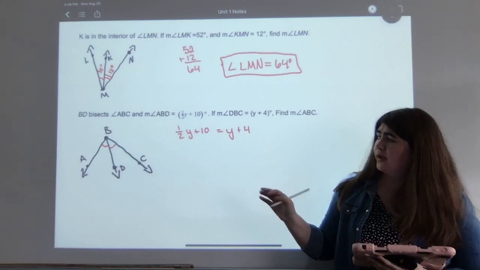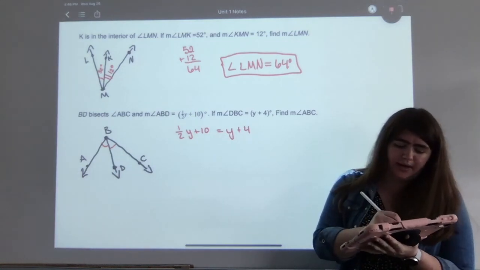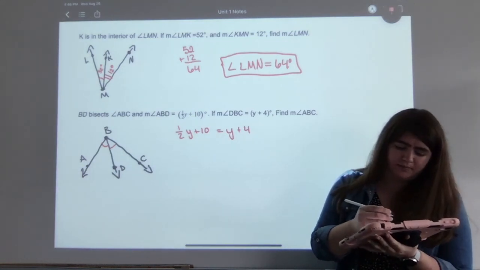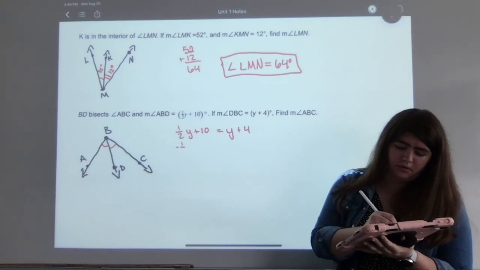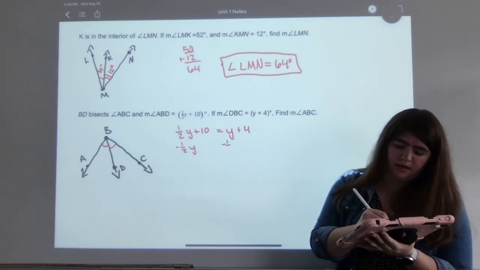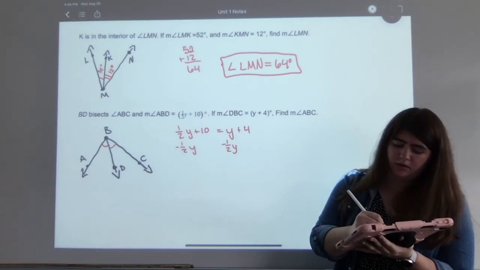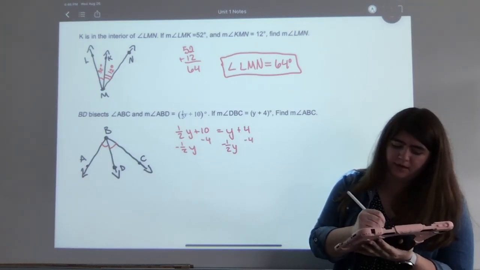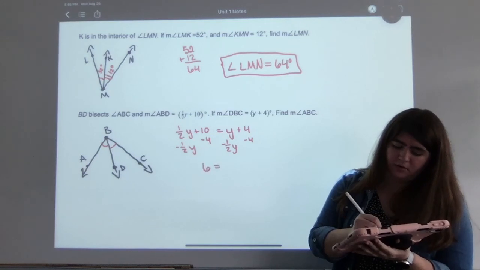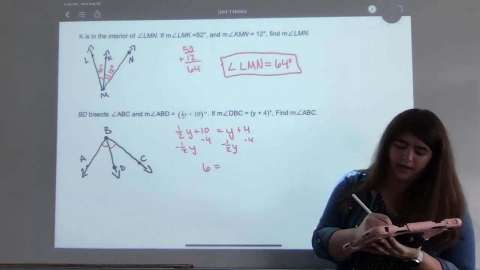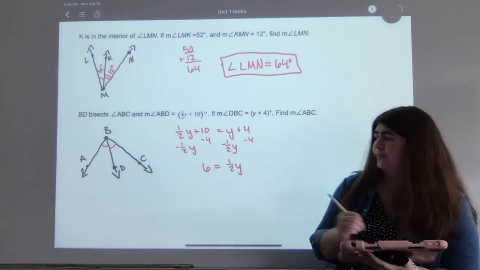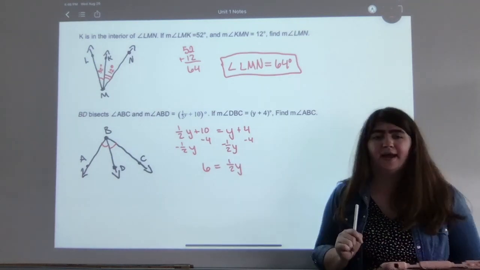I'm going to start by subtracting my 1/2 y from both sides. And in the same movement, I'm going to subtract 4 from both sides. So 10 minus 4 is 6. Y minus 1/2 y is 1/2 y. That leaves me with 6 is equal to 1/2 y.